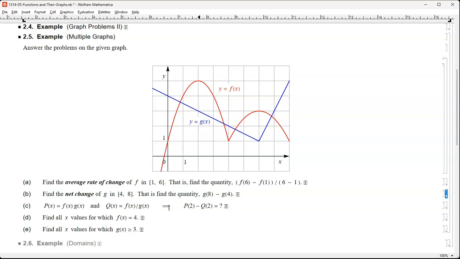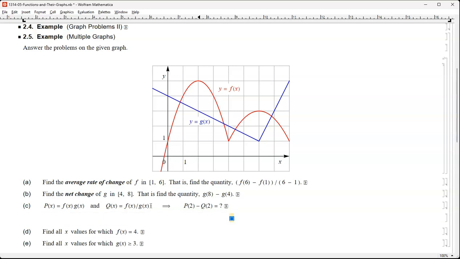Next, let's consider p of x, which is the product f of x times g of x, and q of x, which is the quotient f of x over g of x. Let's find p of 2 minus q of 2. So p of 2 minus q of 2. What is it?